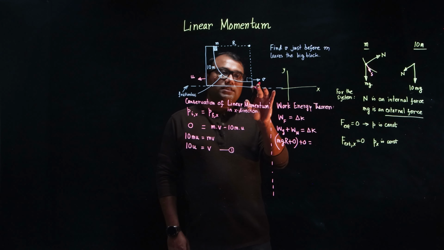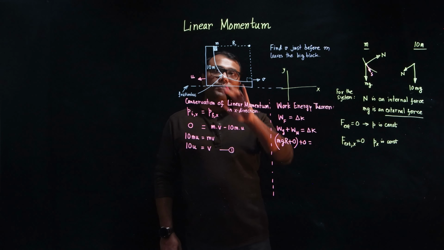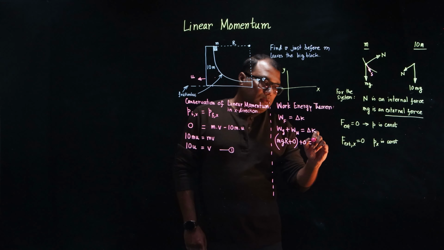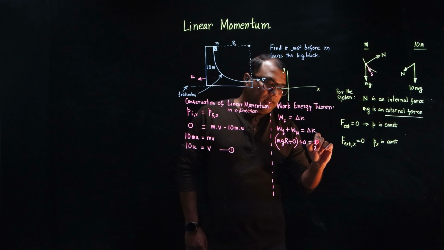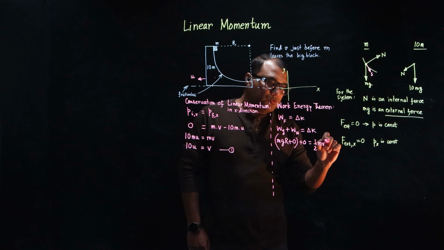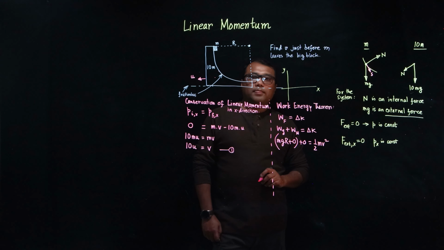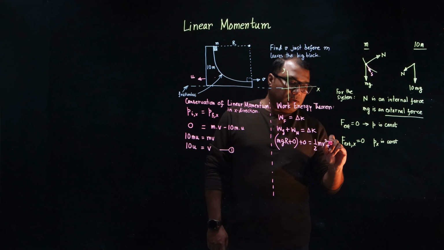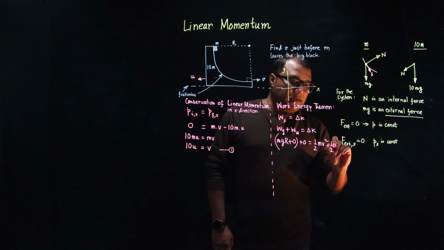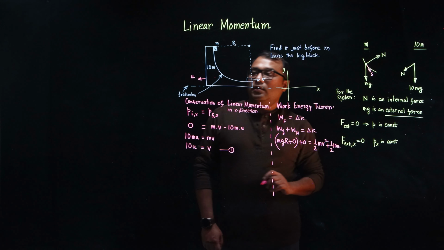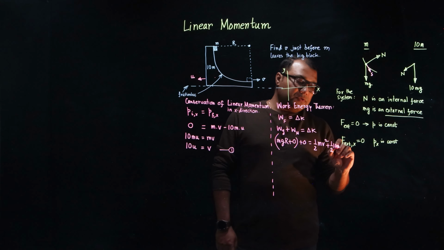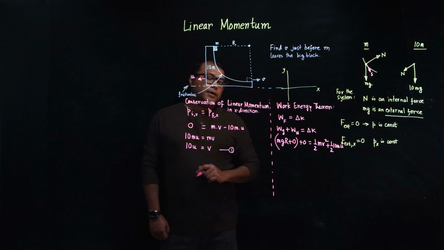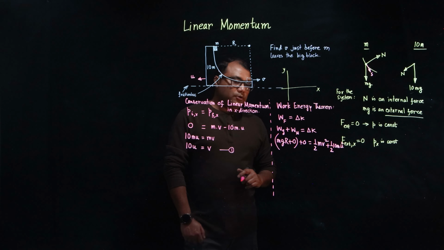Both were at rest in the initial position, and small m's kinetic energy is half mv squared, and 10m's kinetic energy is half 10m into u squared. Although u is in the other direction, doesn't matter, the square of that will be positive.